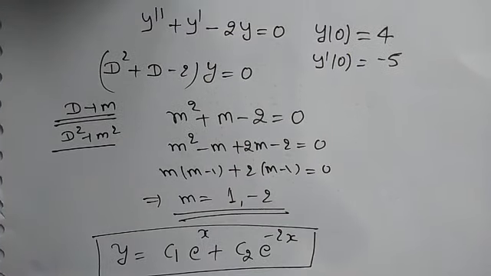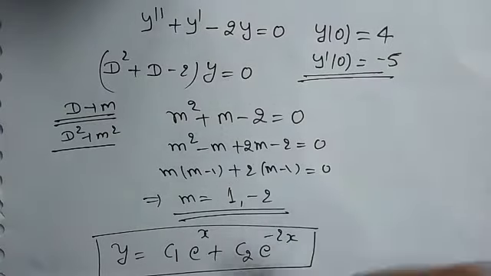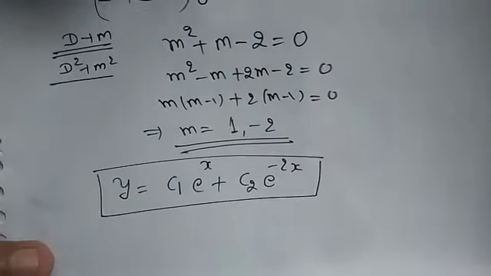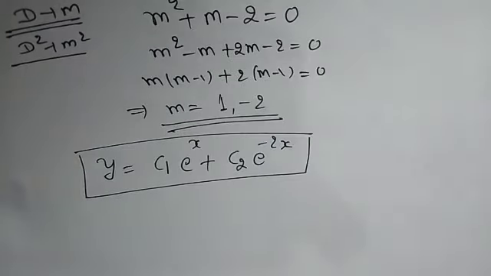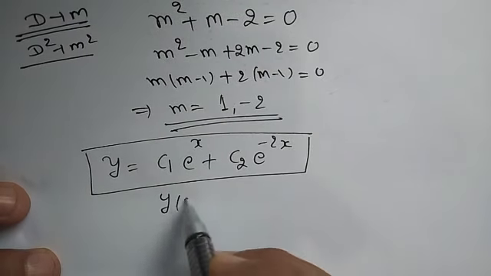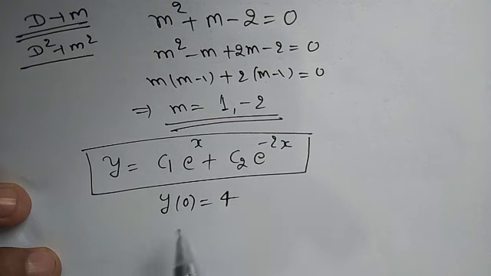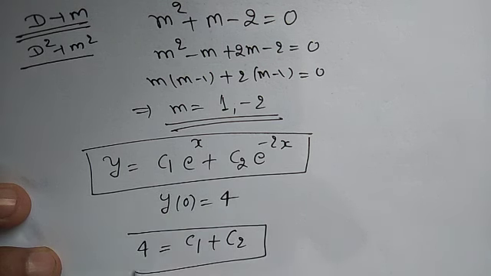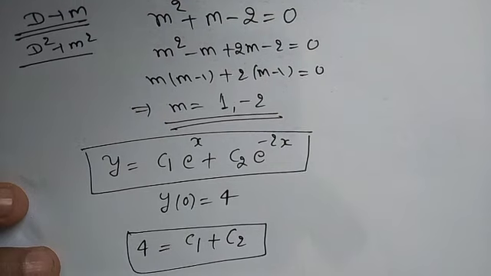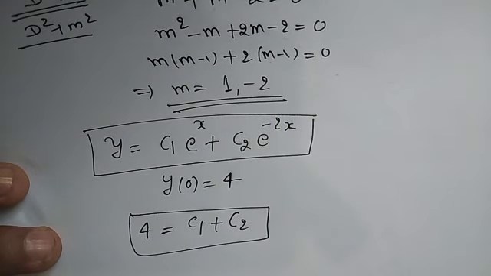Now with the help of the initial conditions, we can get the values of c1 and c2. Let us take the first condition, y(0) equal to 4. So y equal to 4 at x equal to 0: c1 e power 0 is 1, plus c2. So the first equation we get is c1 plus c2 equal to 4.